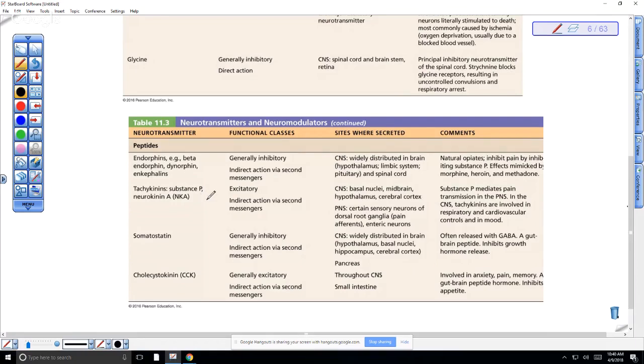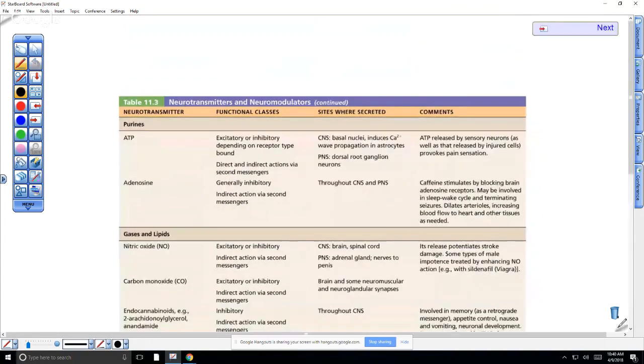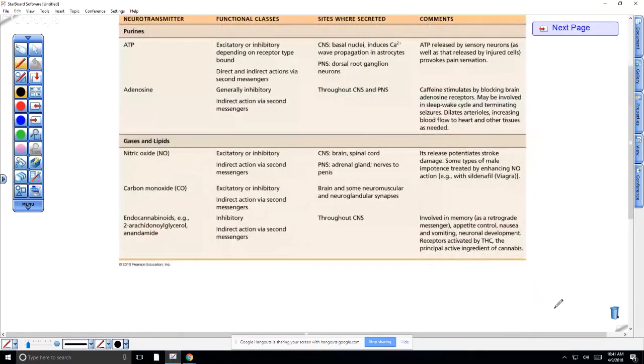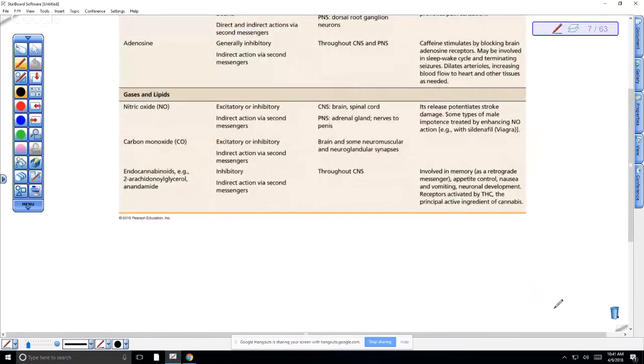Okay, so let's look at one more table here. This one has been added to your textbook just recently, because it's only recently been discovered. It's called the endocannabinoids. What do you think that is?